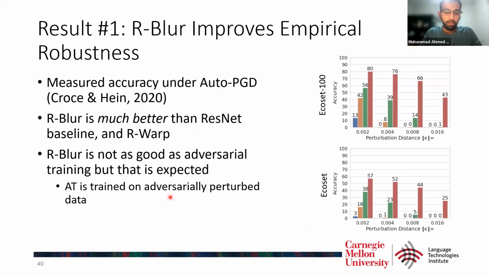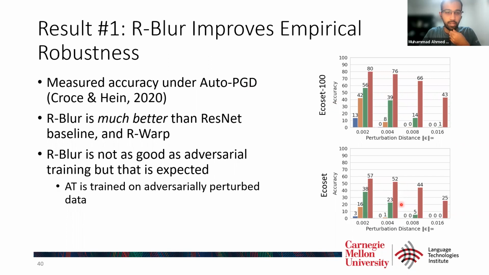Now, going on to results, our first result is that our blur improves empirical robustness. What we mean by empirical robustness is that we take a model, we use some adversarial attack to perturb the images, and then we compute its accuracy. In this case, we use the auto-PGD attack, which is a state-of-the-art adversarial attack, to try and attack our models, and then we just measure accuracy. This is accuracy on the EcoSet 100 dataset.